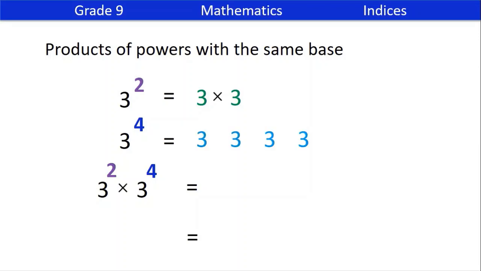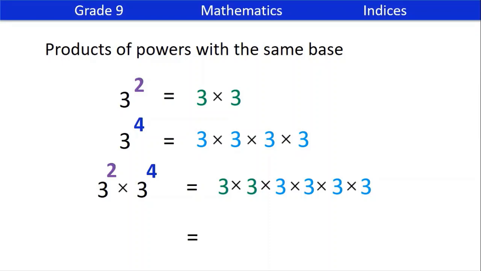And 3 to the power 4 can be written as 3 times 3 times 3 times 3. Next, we need to multiply 3 to the power 2 by 3 to the power 4. And here we can see both the powers have the same base 3. So let's see how we're going to multiply these two. So in total, we can write it like this.